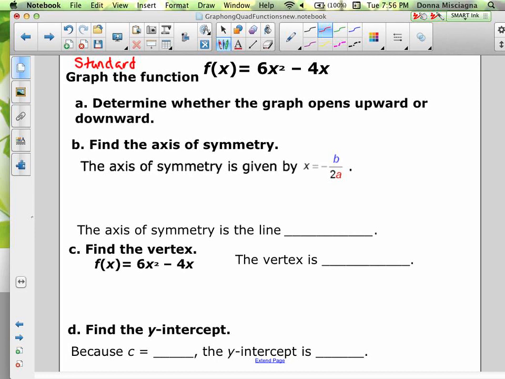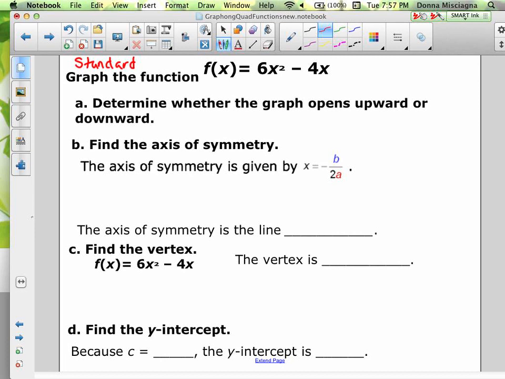If this was intercept form, we average the x coordinates. We do something different because our equation is different. And if it's vertex form, we don't do anything, well, other than identify the vertex, because the vertex form gives you the vertex, right? So just some slight differences between our different formats, right?